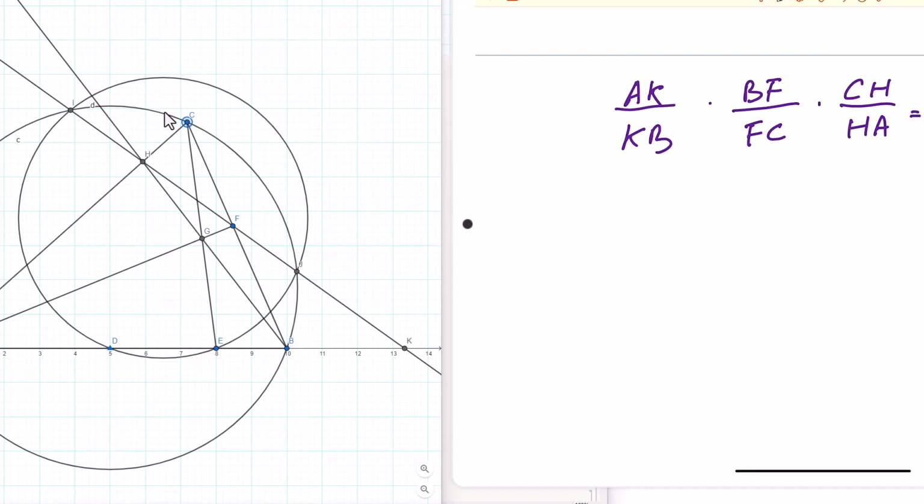That's in triangle ABC intersected by HFK.